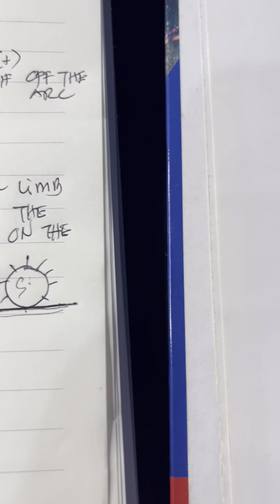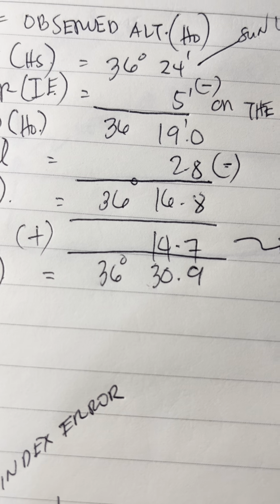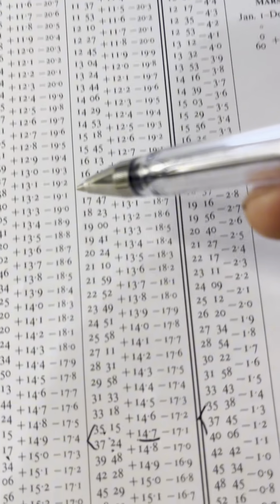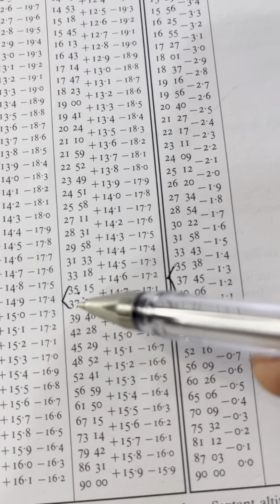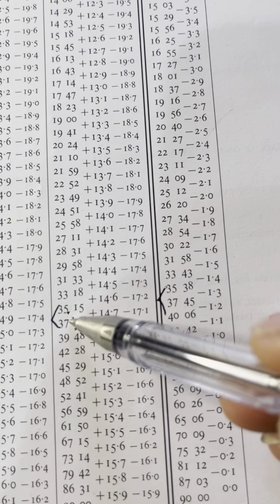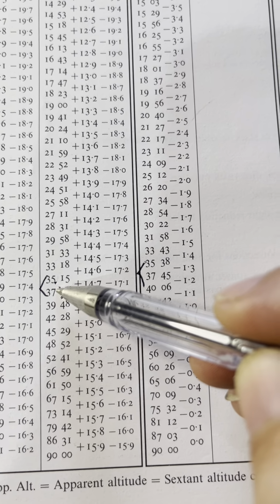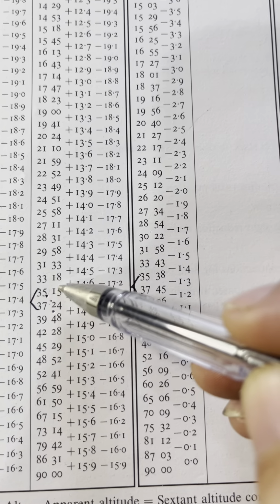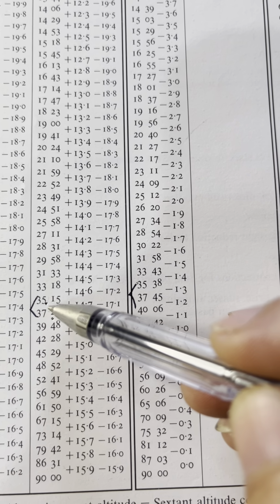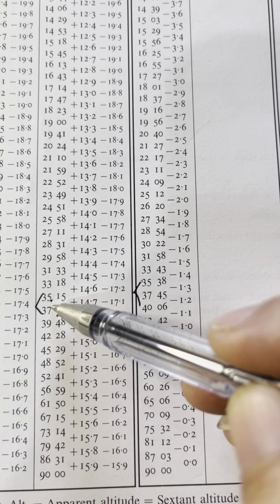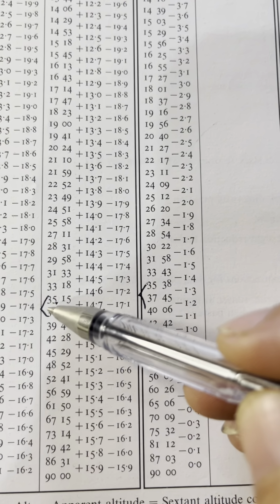Since our apparent altitude is 36 degrees 16.8, in the month of September, in this column of apparent altitude, there is no 36 degrees 16.8. So we will just consider in between 35 degrees and 37. The 36 degrees 19 minutes is in between this one.